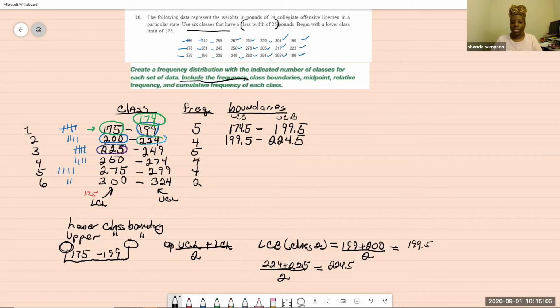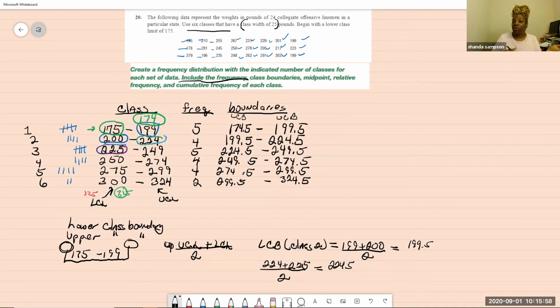So to fill this in here, this would be 224.5 because it's the last one. And then this is 249 plus 250, which is 249.5. And you can go through and figure these all out. For 325, 324 with the 325 that would have been there is going to give you 324.5. Now you have your lower and upper class boundaries. Now some of your instructors may ask you for this whole thing.